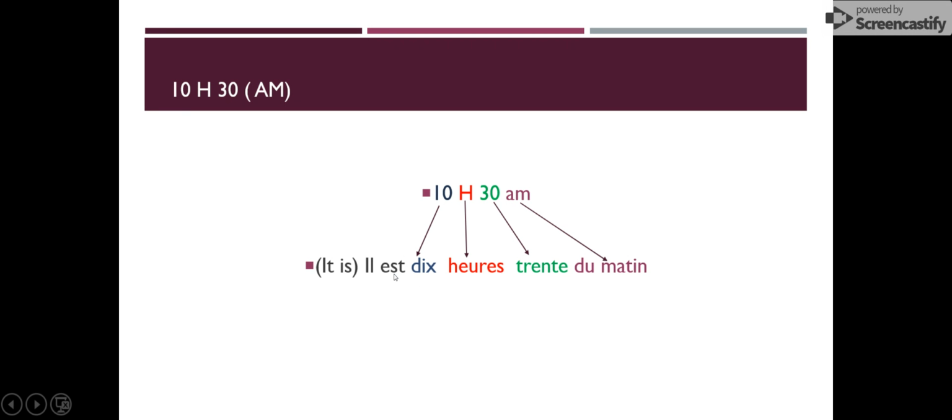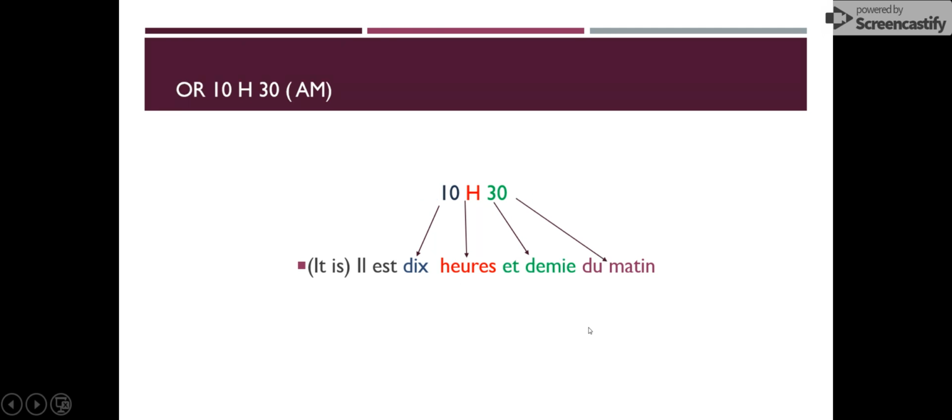Il est 10h30 du matin. The second way of writing 10:30 is il est 10 heures et demie. Et demie means half, because 30 is half of 60. Il est 10 heures et demie du matin.